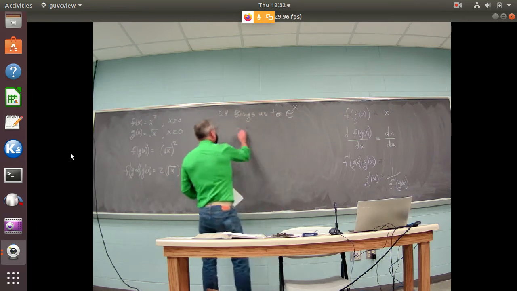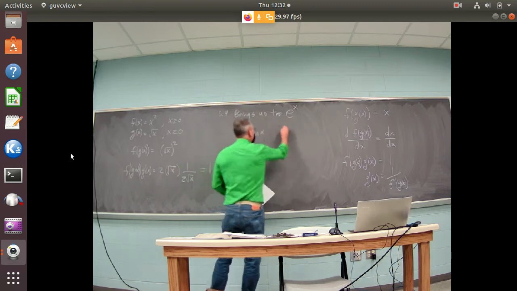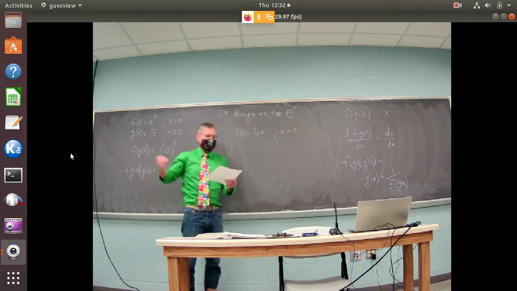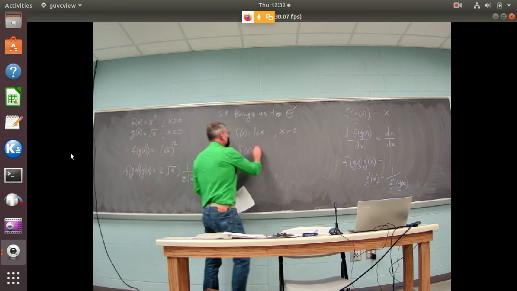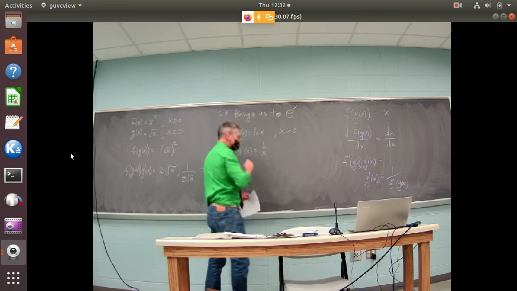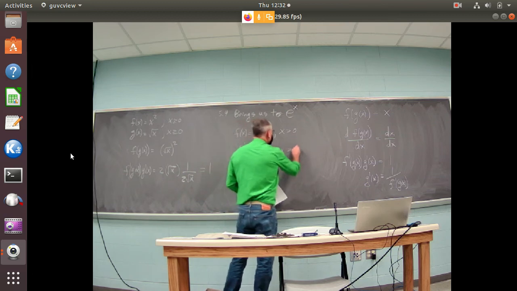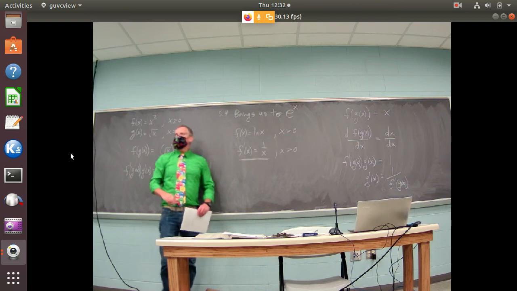okay, if we look at the function natural log of x for x strictly greater than 0, so we've defined this function, and we know that f prime of x is 1 over x, and that's for x greater than 0. But notice what that implies.